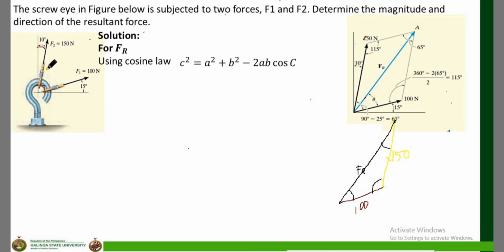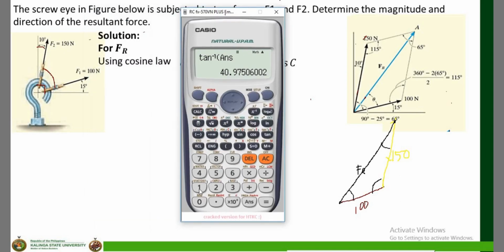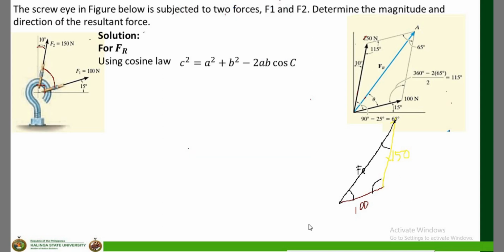So the angle between the two forces is 90 degrees minus 15 degrees minus 10 degrees, which is equal to 65 degrees. Since it is a parallelogram, the opposite angle is also 65 degrees. So this angle is 65 degrees.